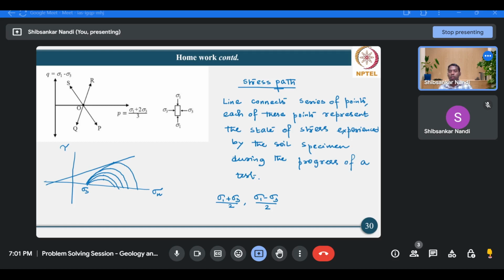If we make a plot between these two parameters, the line connecting these points, as the test progresses and the state of stress changes, will give you the stress path. This is your sigma 1 minus sigma 3 by 2, and this is your sigma 1 plus sigma 3 by 2. So this is the visual illustration of the stress path.